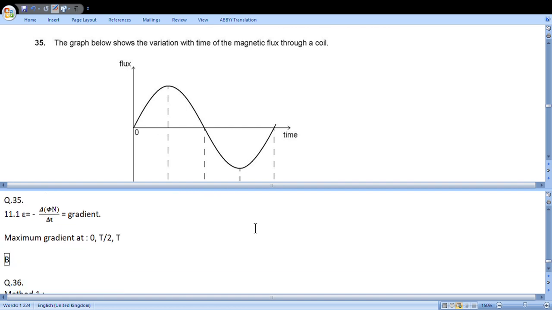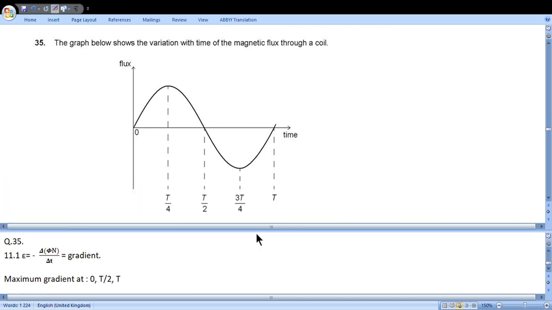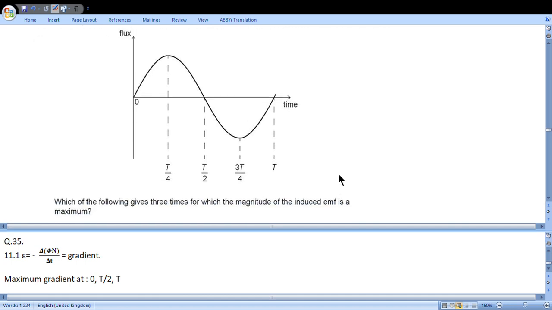That's an easy question. The graph below shows the variation with time of magnetic flux through a coil. Which of the following is the time for which the magnitude of the induced EMF is maximum?